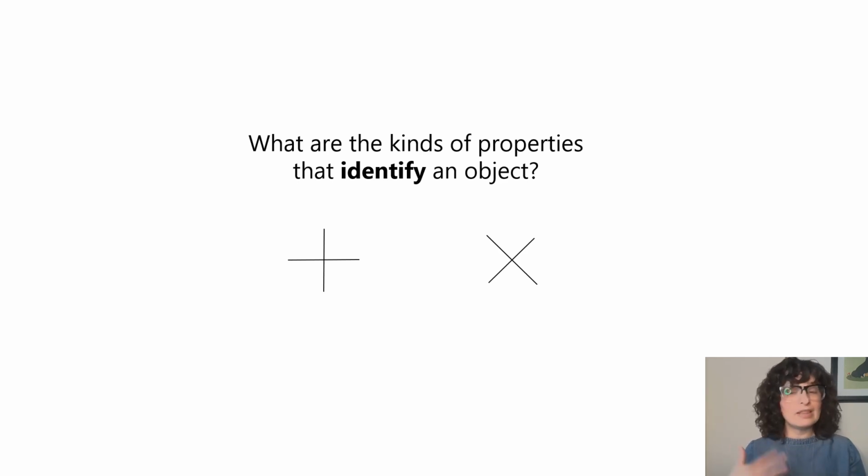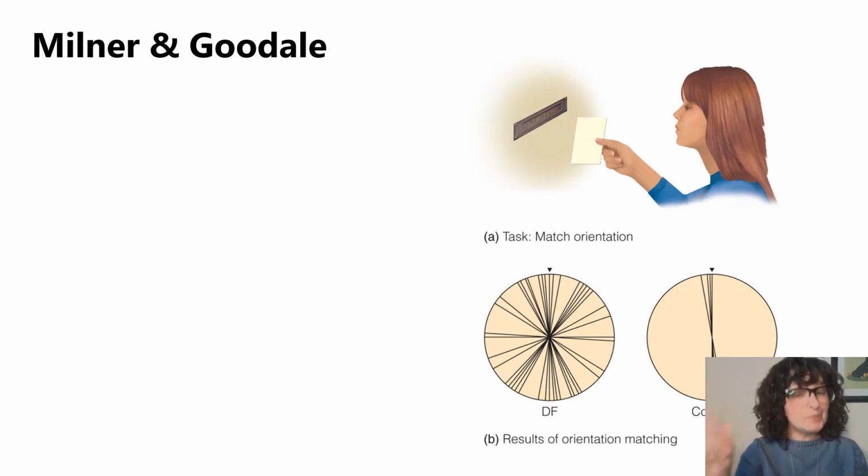That's a key component of understanding these experiment results: orientation is part of the identity of an object. And according to Ungerleider in Michigan, that information should only be processed in the what pathway, right? And remember, that's precisely the pathway that is compromised in people with visual agnosia.